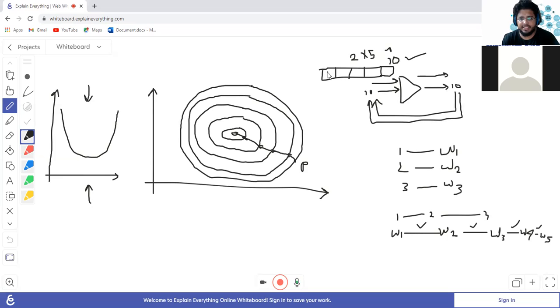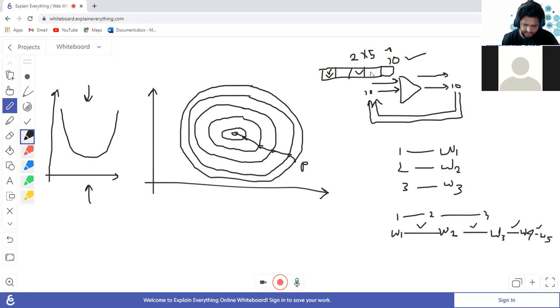I'll take this batch first, pass these 2 items, find the error, do the error correction, and get the new weights. In the second batch, I can take this, or I may take this one again also. So the problem here is that we don't know which batch we are taking at which time.